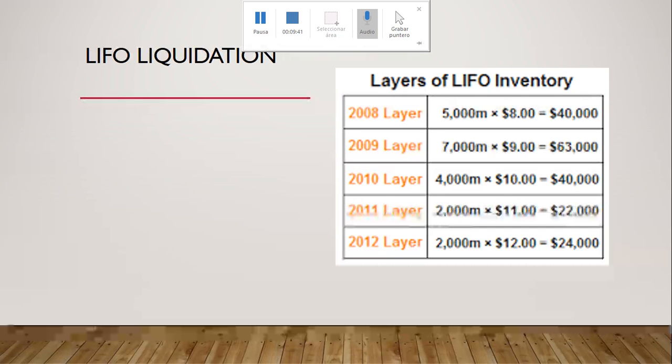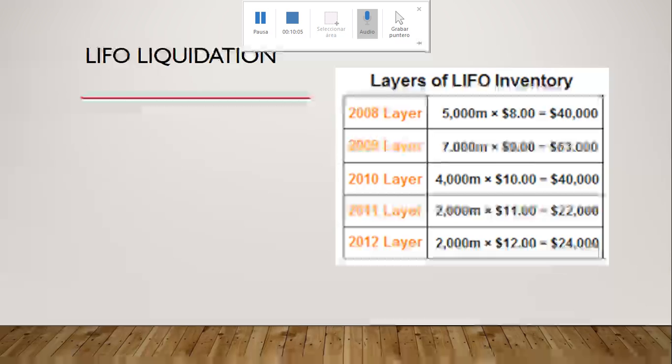Number 3, a sudden increase in demand for the product. Number 4, shortage of funds. Number 5, need to move old inventory immediately due to change in style or fashion. Number 6, need to free warehouse space, etc. And I think this is all for the inventory system, and thank you very much.